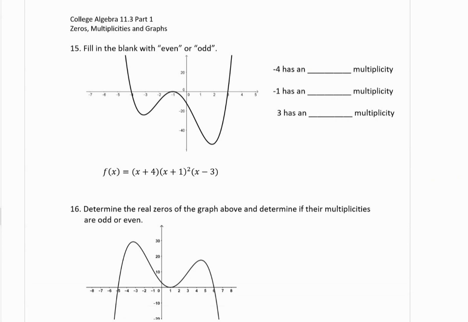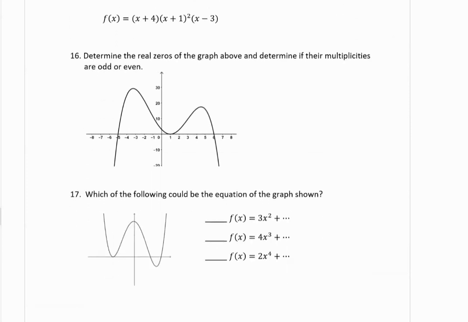So problem 15 says fill in the blank with even or odd. -4 has an odd multiplicity, and I know that because it crosses the x-axis at that point. -1 has an even multiplicity, because it just bounces off and then goes back down. And 3 has an odd multiplicity because it crosses the x-axis.